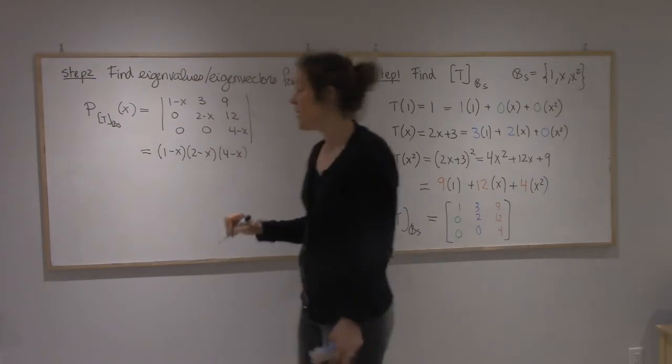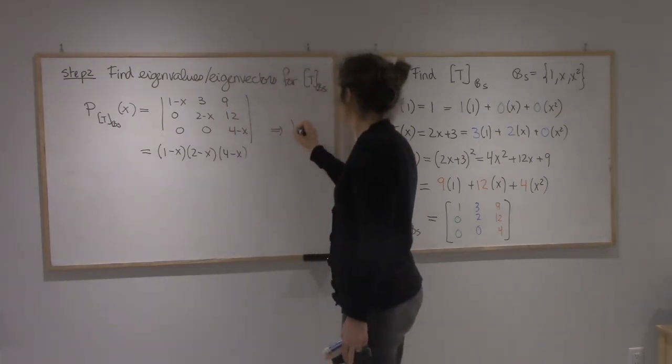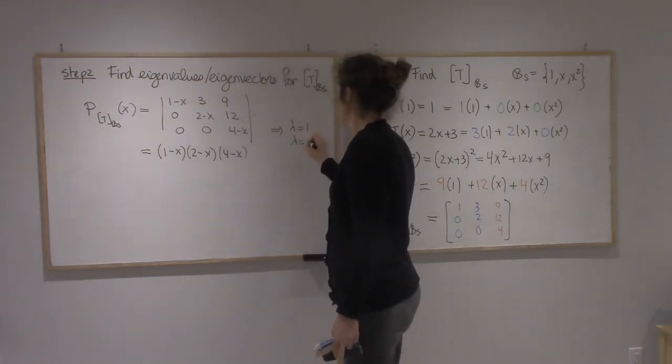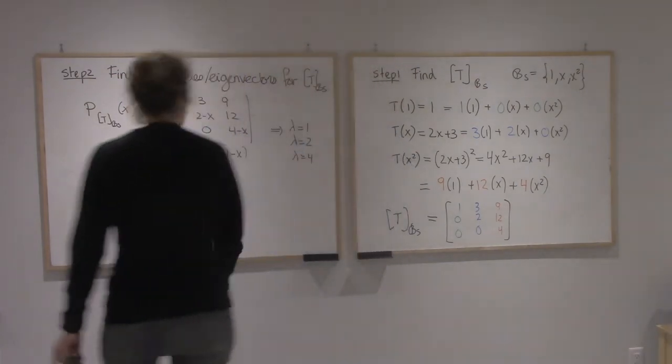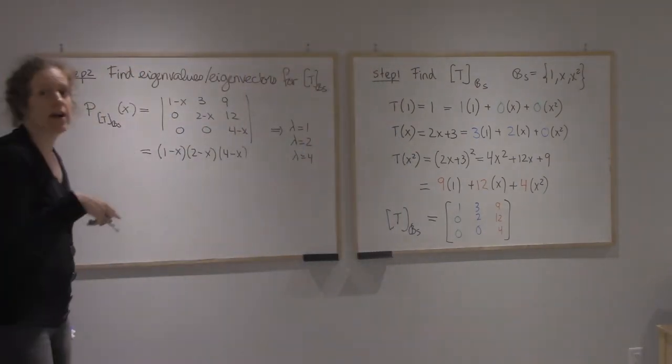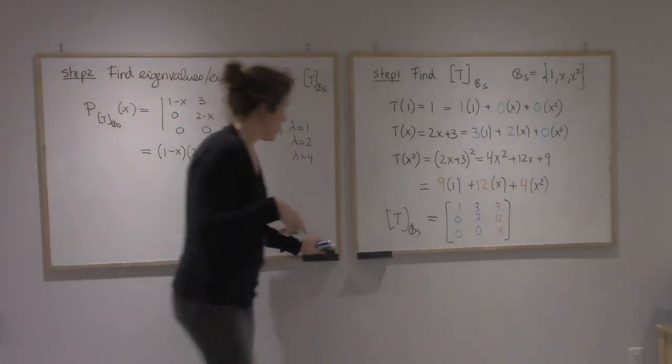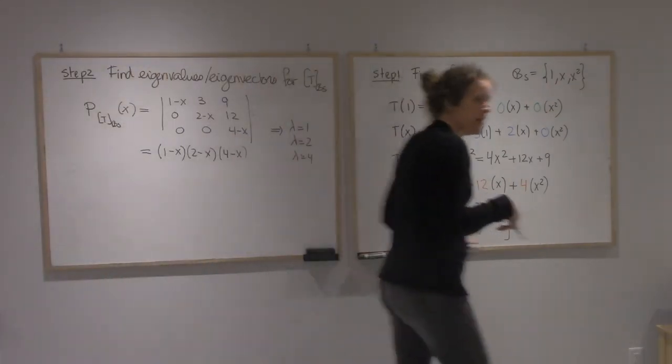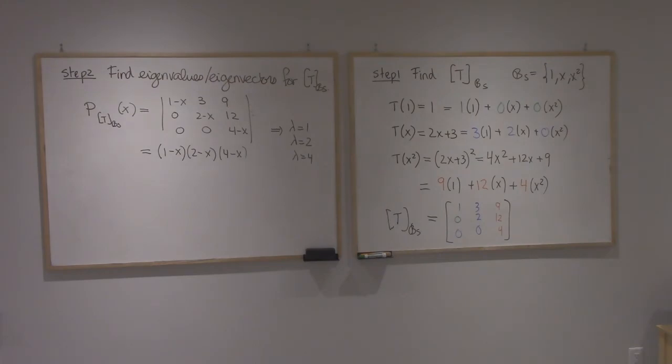And so my eigenvalues would be 1, 2, and 4. For each of them, you need to find an eigenvector. I've done it for us, so we don't need to do it again.